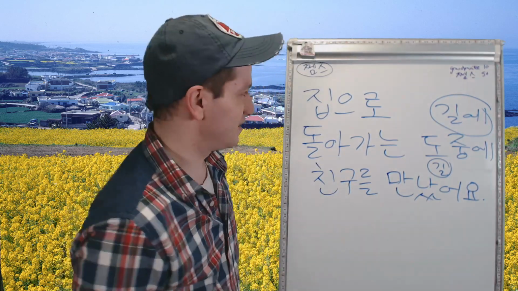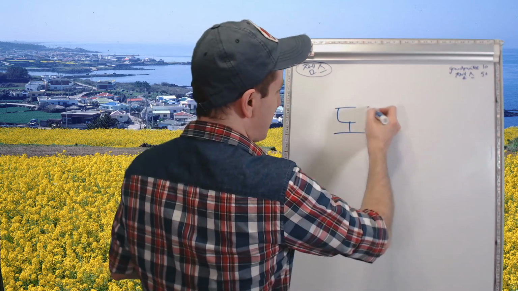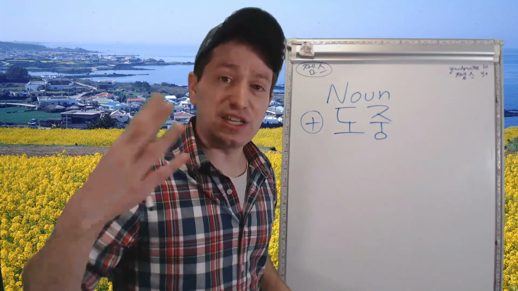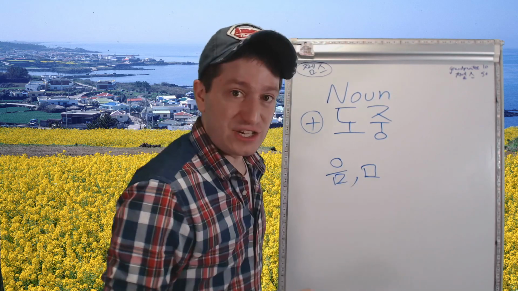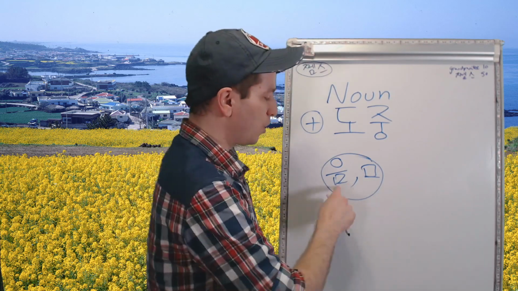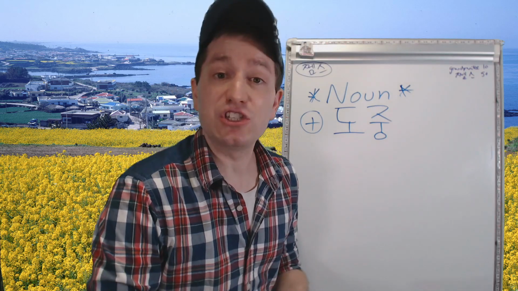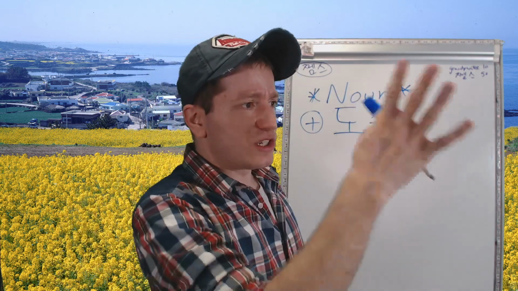I met a friend. The more common way that you will see 도중 used is just as 도중. Noun plus 도중. If you want to use this form with a verb even, you can. If you convert the verb into a nominalization form, changing 하다 to 함 or 먹다 to 먹음, this is a formal way to say while doing something, during the process of doing something, on the road to doing something.